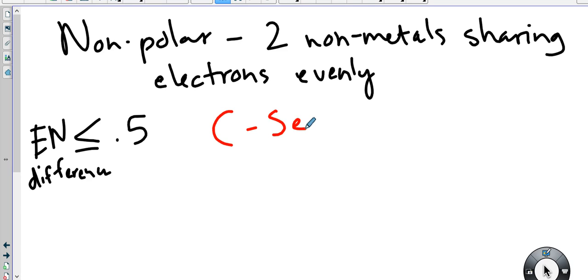Is it 2.5 minus 2.4? Wait, no, I was looking at this game. Oh, it's 2.4. Okay, so carbon is just slightly more electronegative than selenium, so you can see how really no strong poles form.